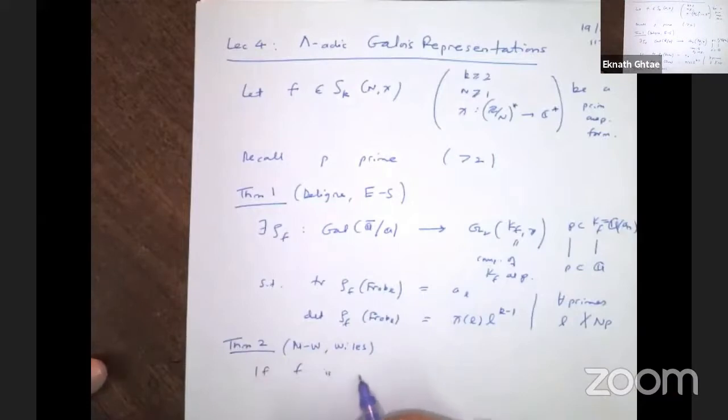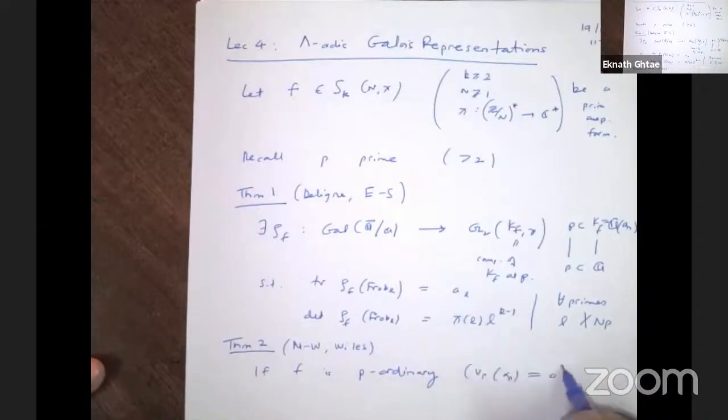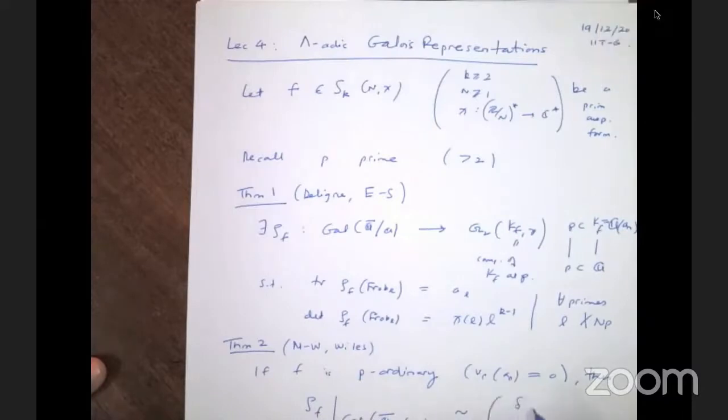So if f is p-ordinary, that means, remember, the p-adic valuation of a_p is 0. Then the local behavior of this Galois representation at a decomposition subgroup at p, namely, if you restrict the Galois representation to the Galois group of Q_p, then it has a very simple shape. It's reducible.